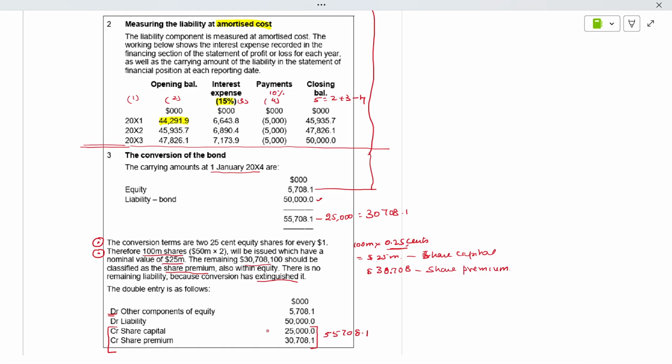The remaining 30,708 is the share premium. Is it okay? Yes, Dr. Okay.